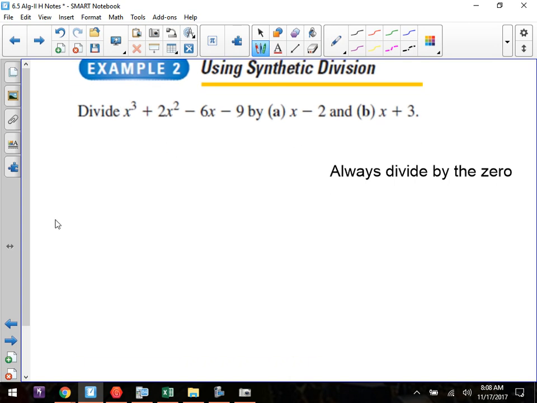So let's talk about one other quick thing here. There's a thing called synthetic division. A week ago, we did what was called synthetic substitution. When we did synthetic substitution, you were literally saying, hey, substitute this in, go through the process, and get an answer at the end.